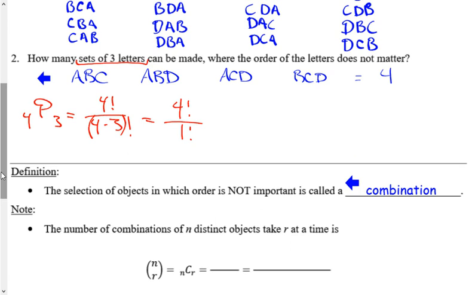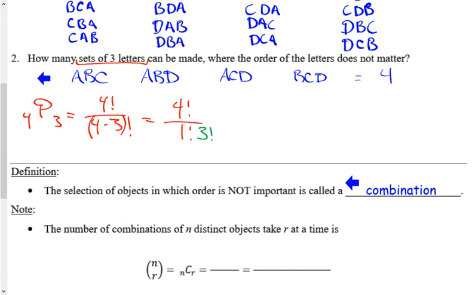Now, in number 2, what I'm saying is, from my 4 letters, I'm going to choose and arrange all 4, but I'm not going to arrange one of them because I didn't choose it. But I'm also not going to arrange the 3 that I did choose.